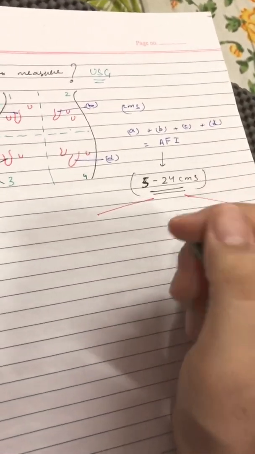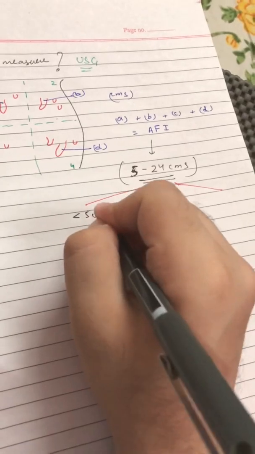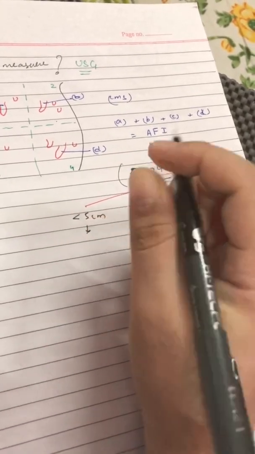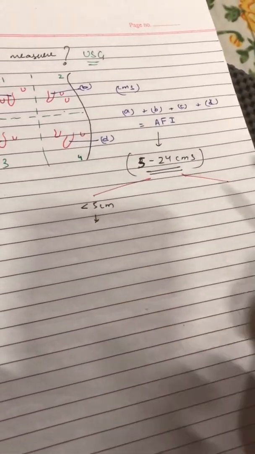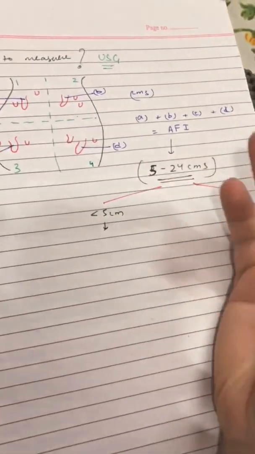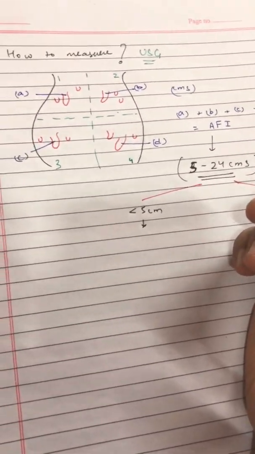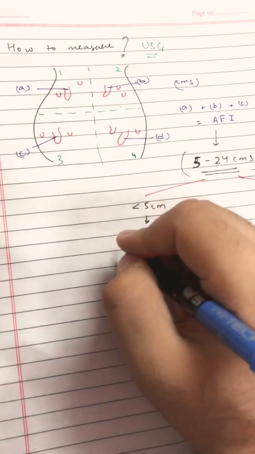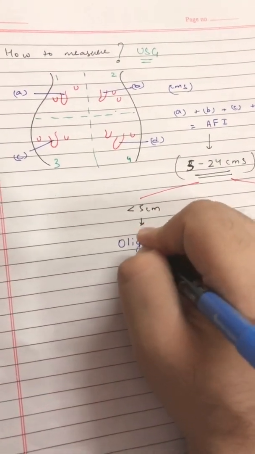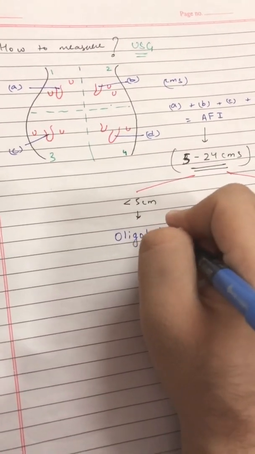If it's less than 5 centimeters, then we are going to diagnose the patient with oligohydramnios.